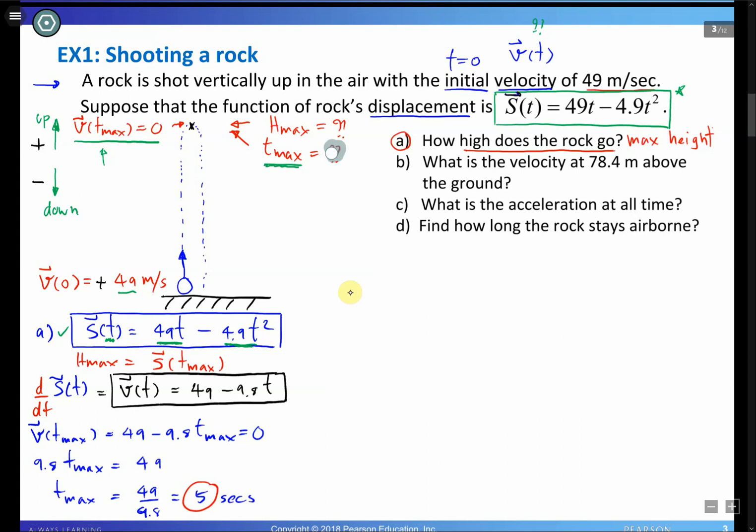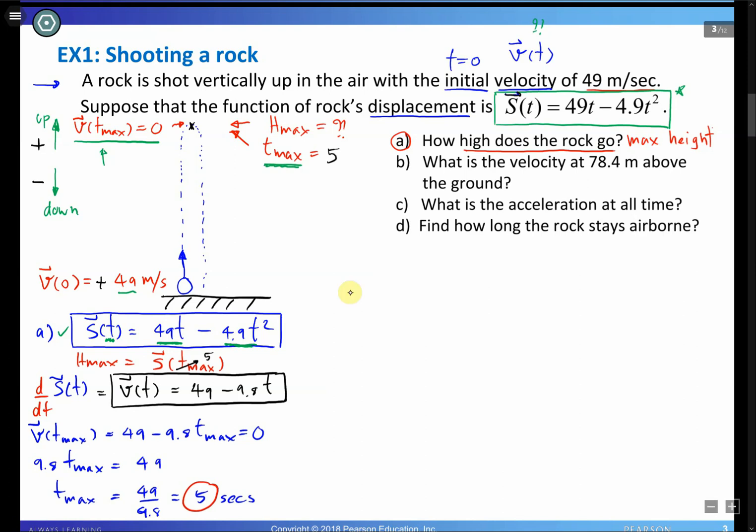So here, no longer unknown, and it's equal to 5. So let's put 5 right here, which means that we can find the h max by putting this 5 in right here. So let's work on this.